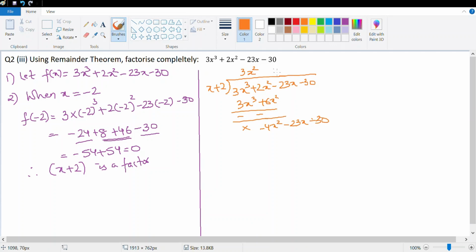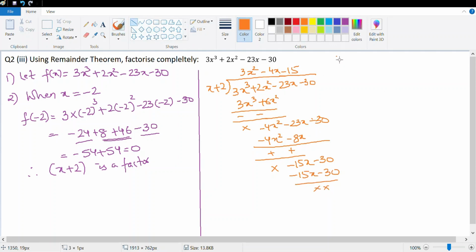I'll multiply this x with negative 4x. That gives us negative 4x squared minus 8x. Subtract, this becomes positive, this becomes positive, this is 0. Negative 23 plus 8, that's negative 15x minus 30, which means I multiply it with negative 15. That gives me negative 15x minus 30. So we've been able to figure out the first factor, and we've divided it as well.